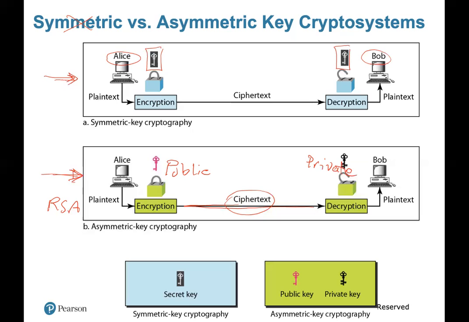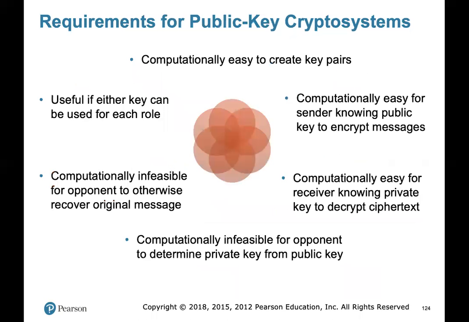So this is the refresher on asymmetric versus symmetric key encryptions. In this lecture, we are going to talk about two of them, RSA and Diffie-Hellman algorithms, which are both asymmetric key encryptions.